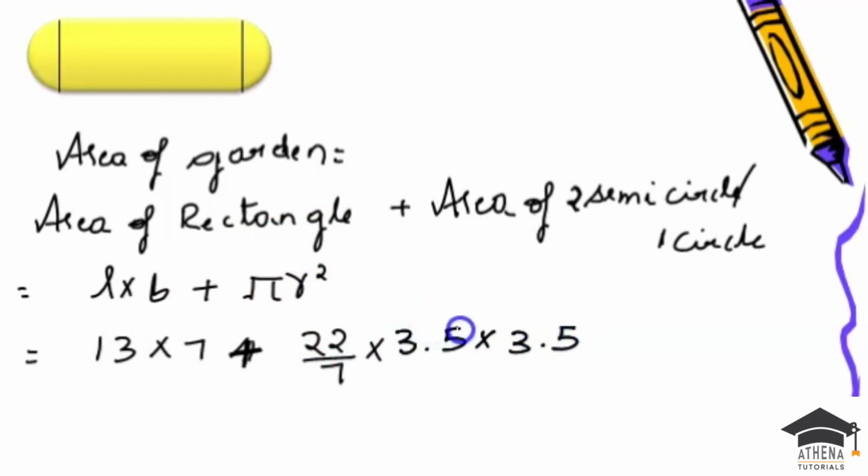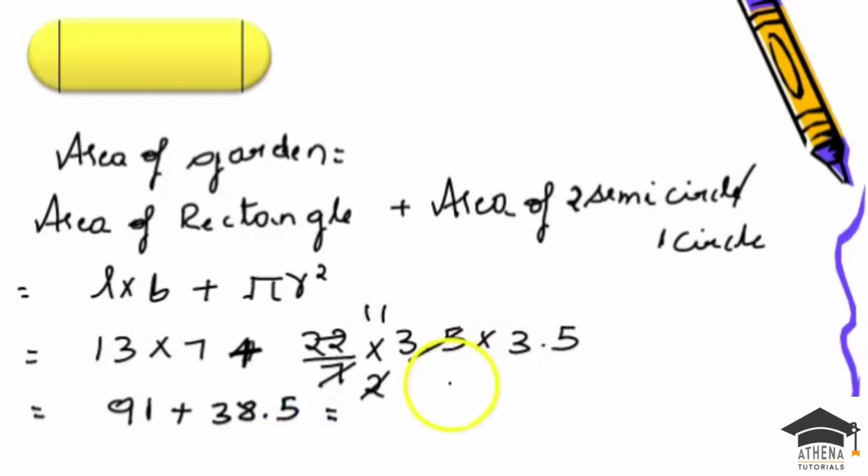So 13 into 7 will be 91 plus 11 into 3.5 will be 38.5. So the area of the garden will be 129.5 meter square. So the area of garden is 129.5 meter square.